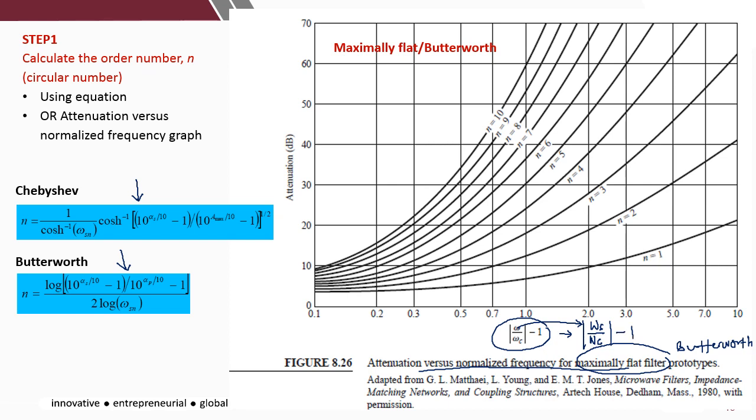Okay, once you have the stop band frequency, then you will drag the lines up to the attenuation, the stop band gain. For example, you get n equal to in between 3 and 4. Okay, for example, n equal to 3.5. So to get the actual n, you need to make sure that you round it up to the next higher whole number. Therefore, the n equal to 4.